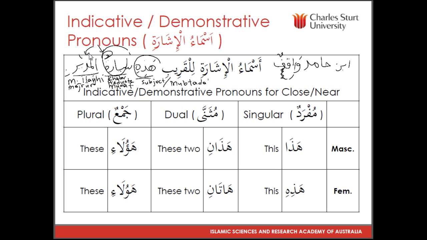Ma hadihi? Darraja. Whose is it? Ammar. That's right. Hadihi darajatu Ammar. Whose bike is that? It is Ammar's. The bike of Ammar.